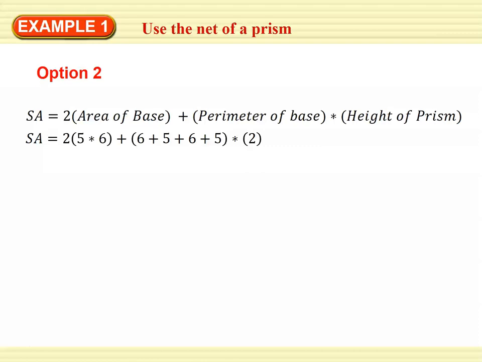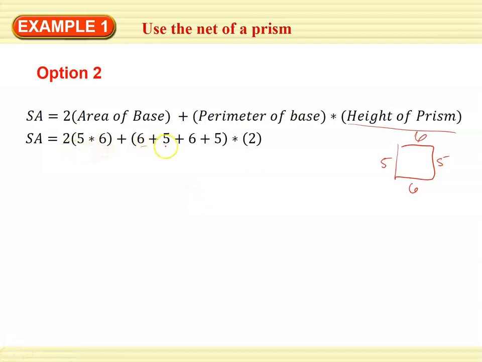And so that's 5 times 6, and I multiply it by 2. And then the perimeter of the base was a rectangle: 6, 5, 6, 5. So if I'm finding the perimeter of that, that's 6 plus 5 plus 6 plus 5. And then I multiply it by the height of the prism. And then 5 times 6 is 30.